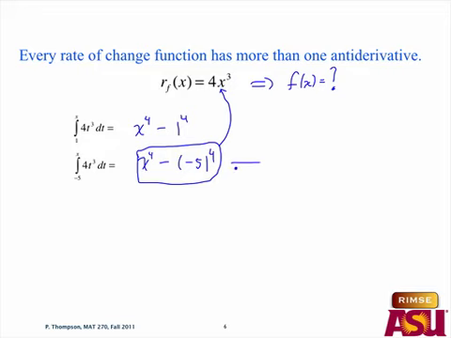If we were to take the derivative, what would we get? 4x cubed minus 4 times negative 5 to the 3rd, right? Jennifer, minus what? Why? It's just a number, okay? So this is an antiderivative of 4x cubed because its derivative is 4x cubed. So therefore, this is an antiderivative of 4x cubed.